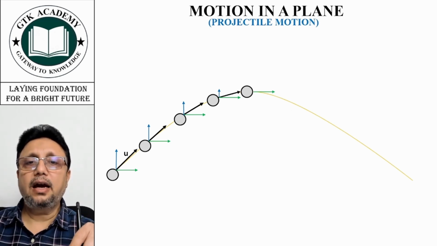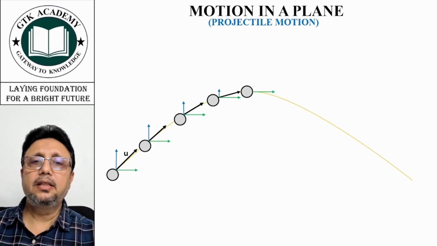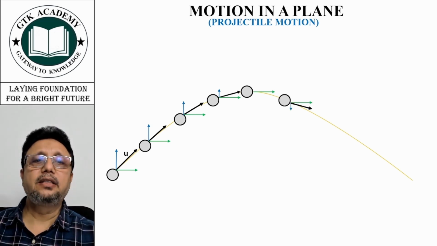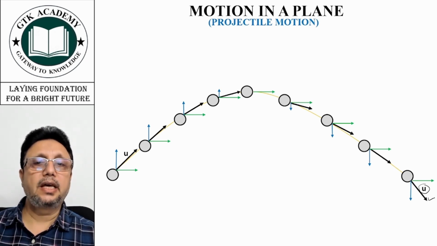Then the body starts coming downwards. So the vertical component will be in the downward direction like this. At the same height, you will have the component exactly whatever you had here, in the downward direction. And as it moves, it increases in the downward direction, and finally it reaches a point where the velocity again becomes u, but in this direction.